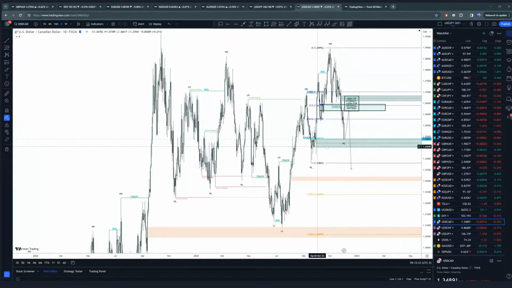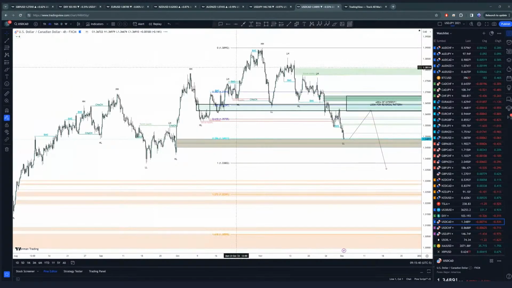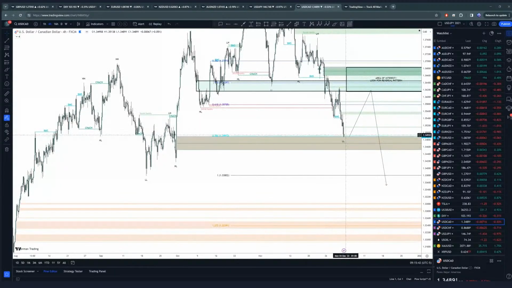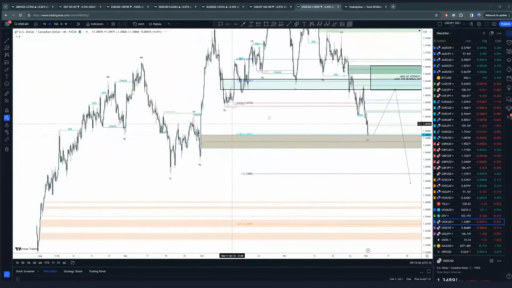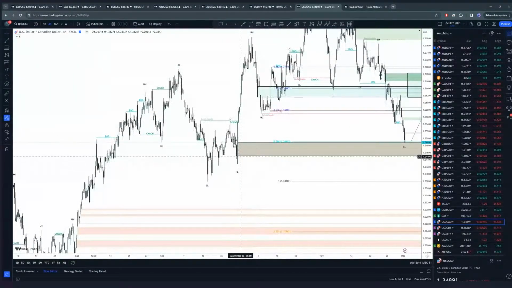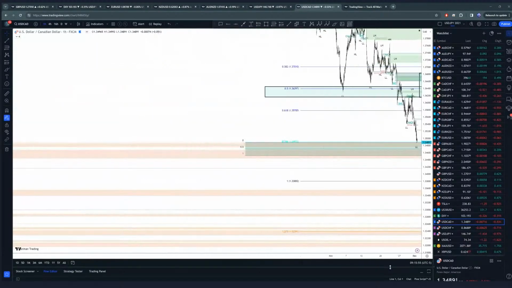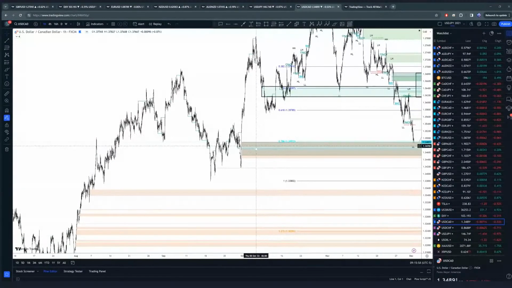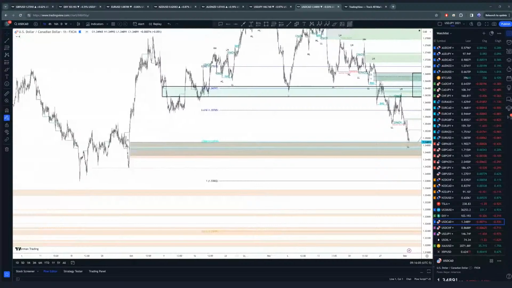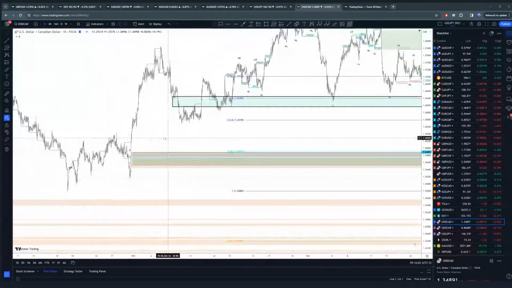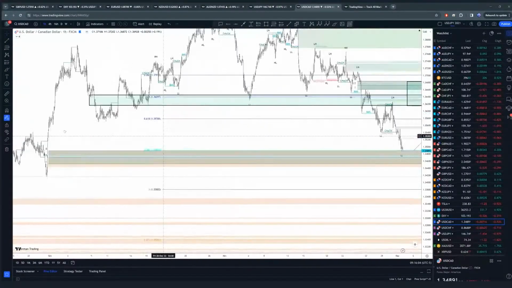So I'm looking for my entry basically from here to here. Now it's a higher time frame, so the way the daily closed, it needs to push down a little bit more. I do want to find the entry within this candle. It looks like I'll be targeting probably here.